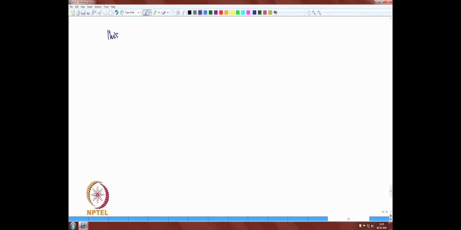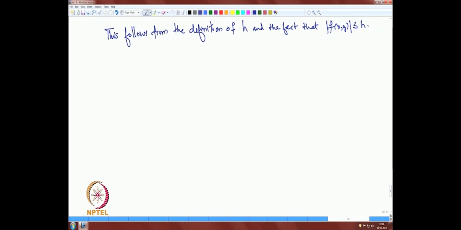This follows from the definition of h, which is the minimum of a and b by M, and the fact that f is bounded by M.